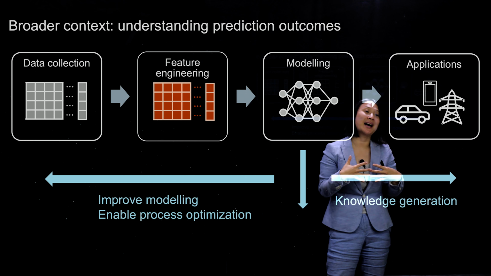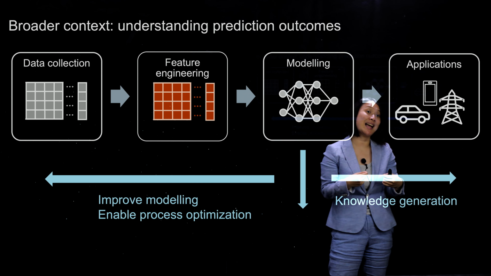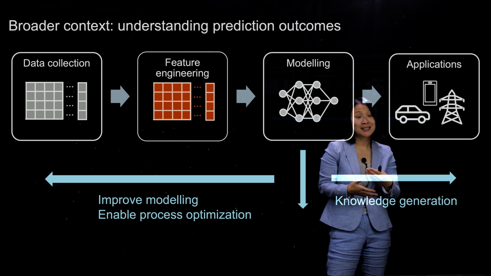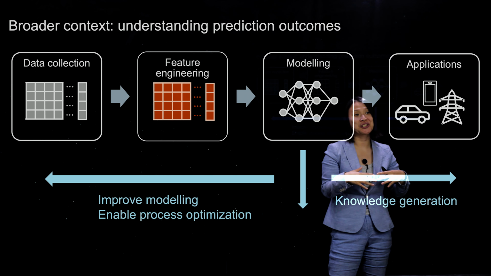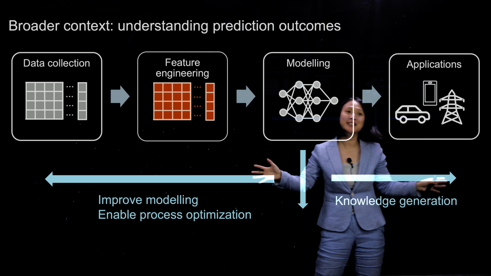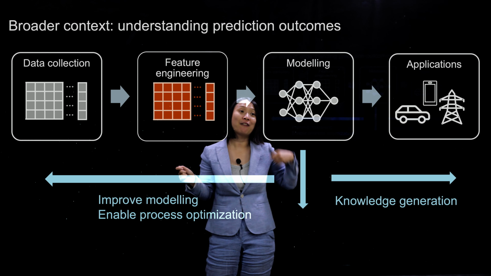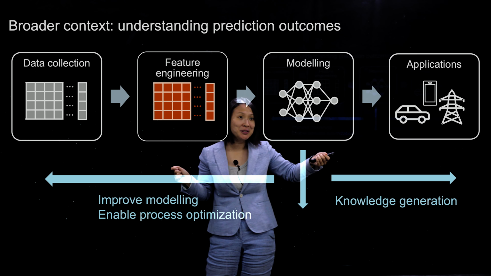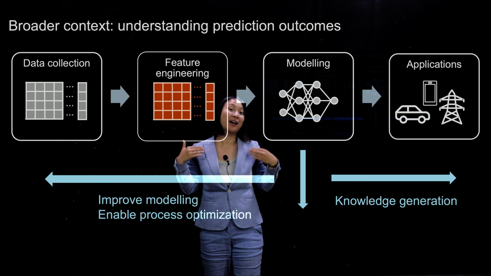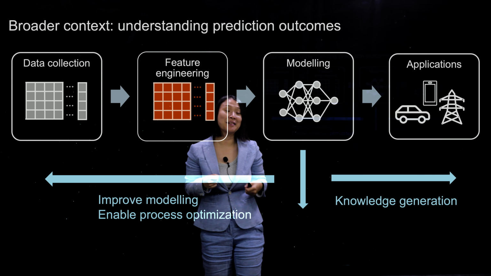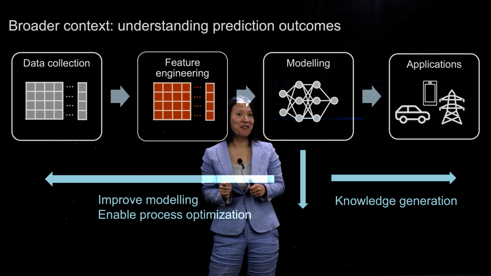This would help us further understand how batteries degrade, and that leads to knowledge generation. So in short, it is important for us to not only have very accurate machine learning models, but also to pay attention and make efforts to understand how our models behave.